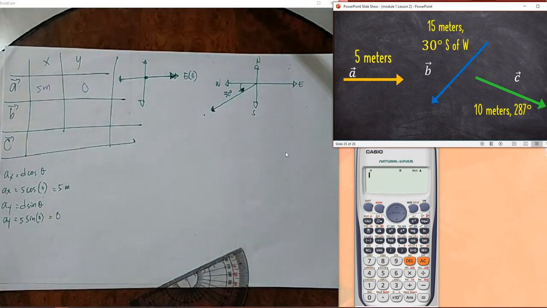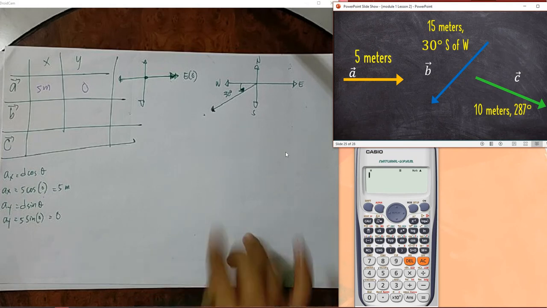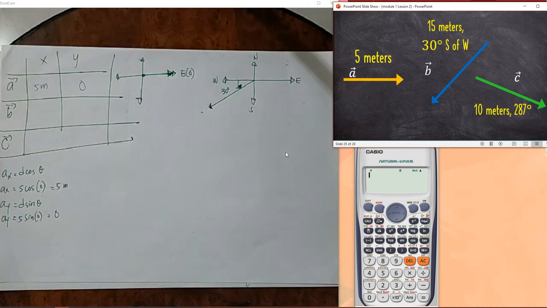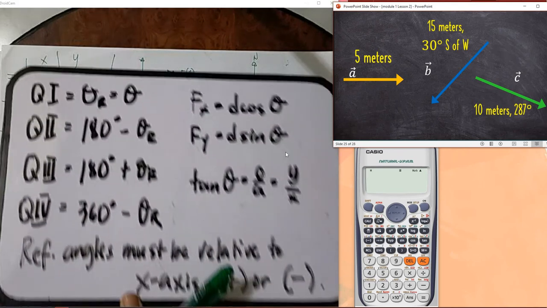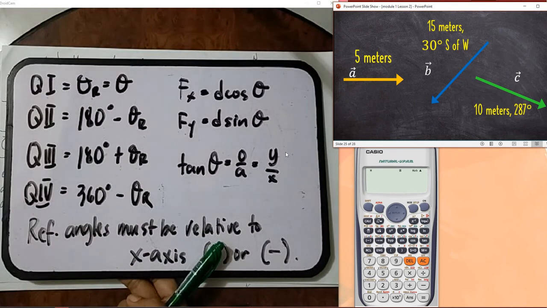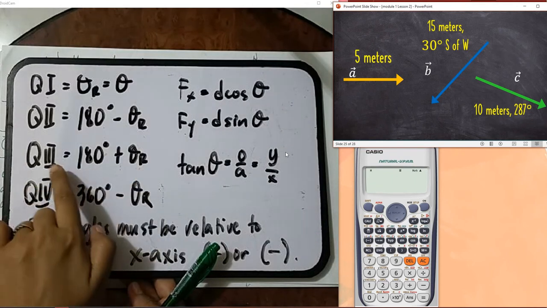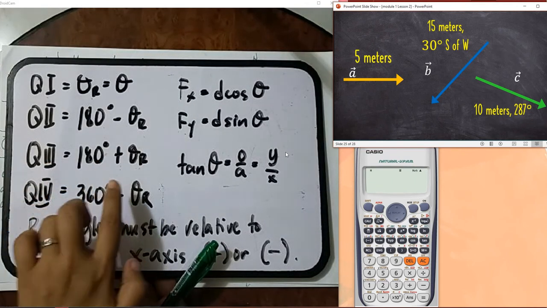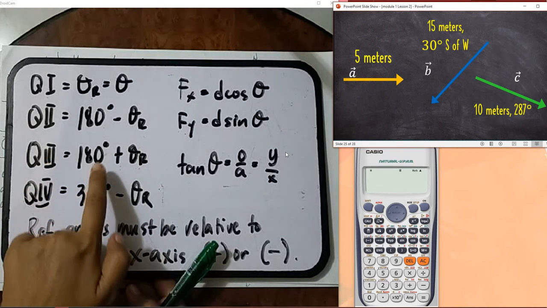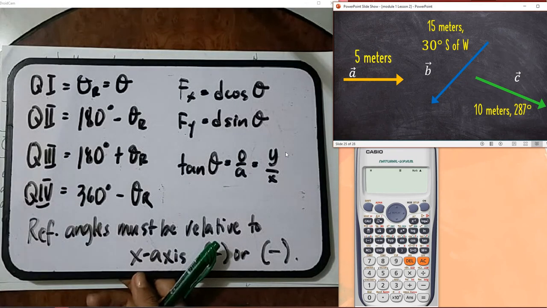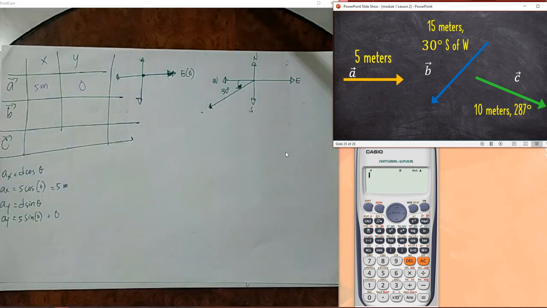Okay, so paano ba yan? Kung titingnan natin dito, yung ating angle or yung reference angle to be specific is located sa third quadrant. So, di ba, kung matatandaan nyo, kapag yung ating reference angle ay located on the third quadrant, we're going to add our reference angle to 180. So ano ba yung gagawin natin sa ating angle before substituting it in our equation?